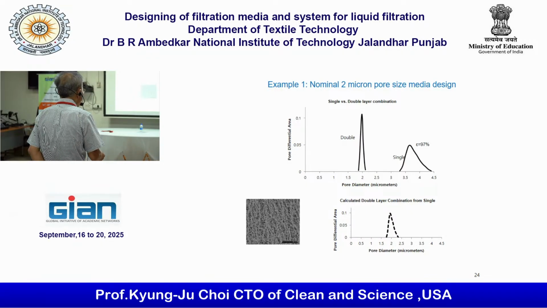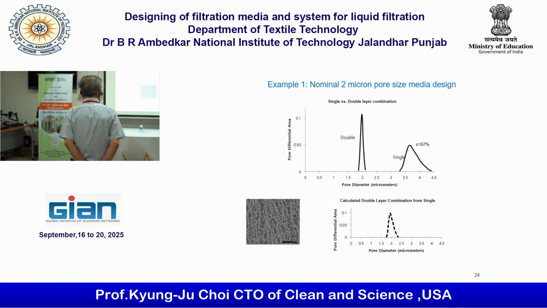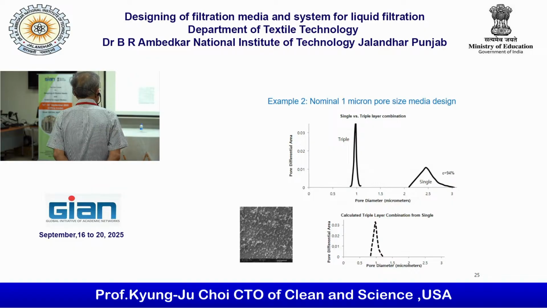When you look at it, it's really close to the actual layer. This is the triple layer. The porosity is a little bit lower. However, if you use the same equation, you can predict almost 1 micrometer.